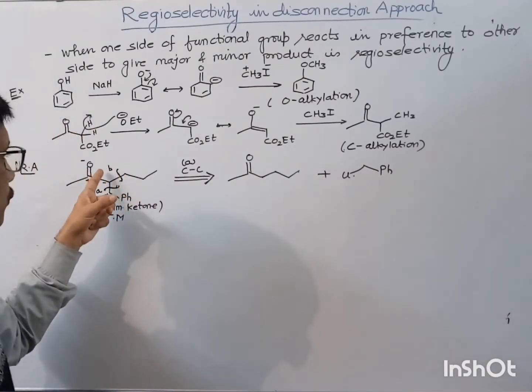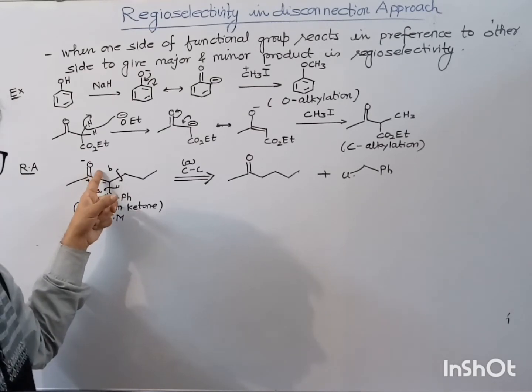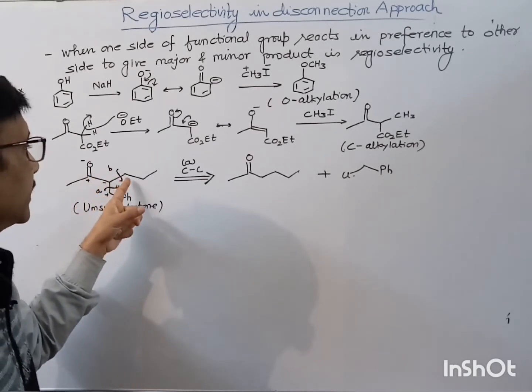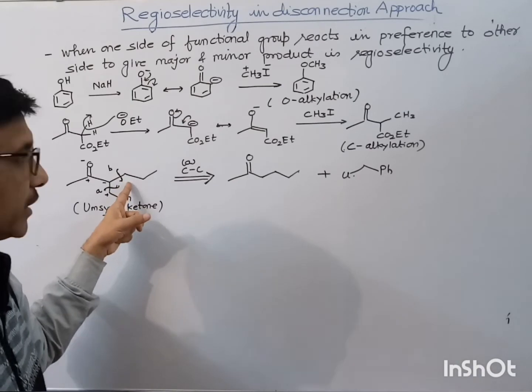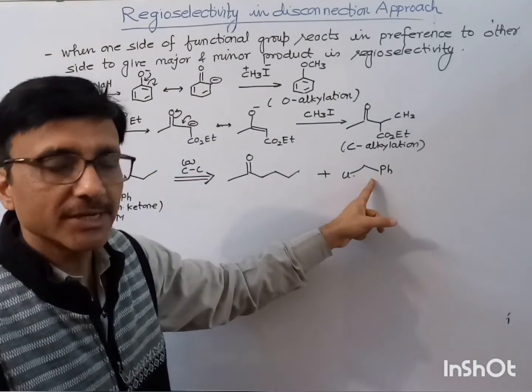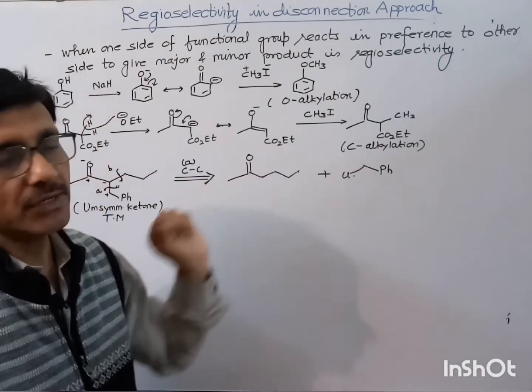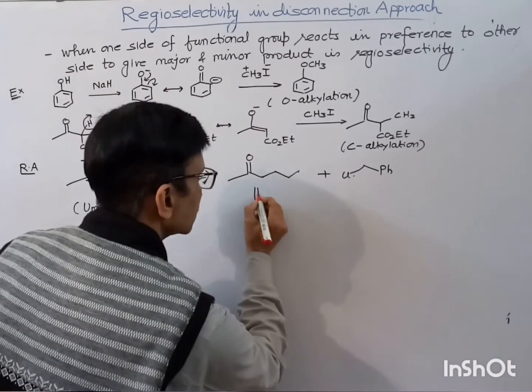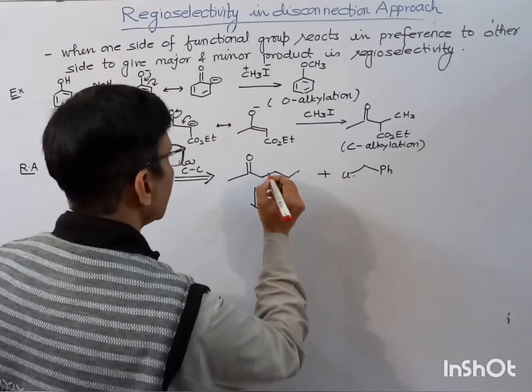If you do the path B disconnection first, you will get the propyl cation. So benzyl cation being more stable, it will disconnect first. Now you will write the disconnection via path B.